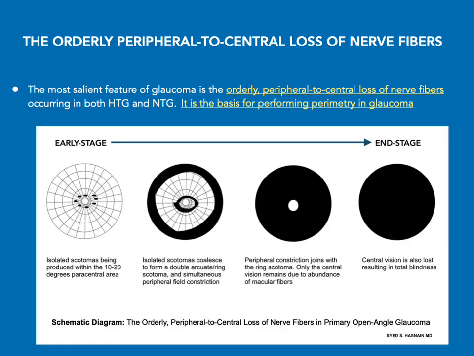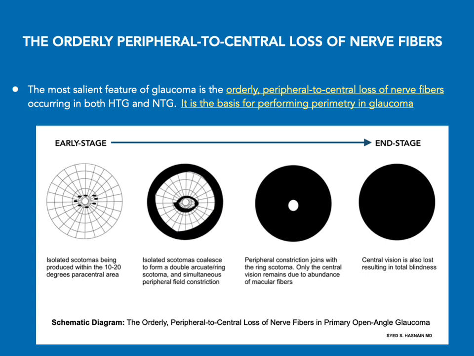As you can see in the schematic diagram, the early stages begin with isolated scotomas, which eventually coalesce to form a double arcuate ring. At the same time, you have peripheral field constriction, which eventually joins with the ring scotoma, and only the central vision remains. However, the central vision is also lost in the end stage, resulting in total blindness.